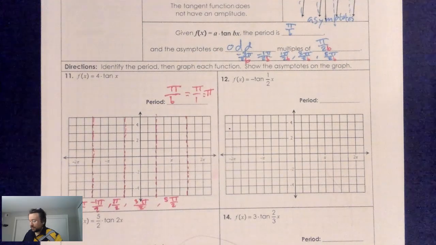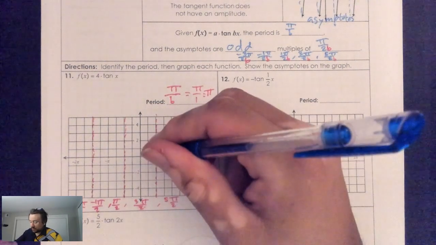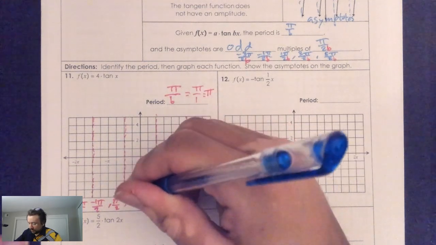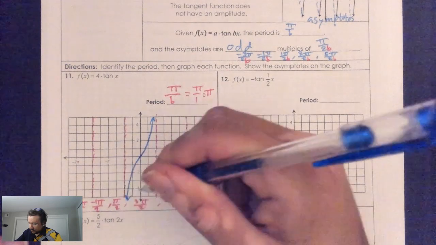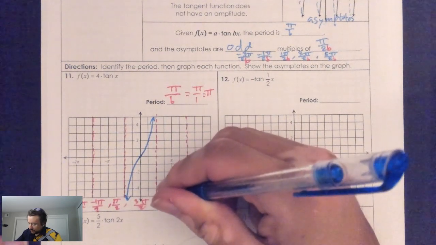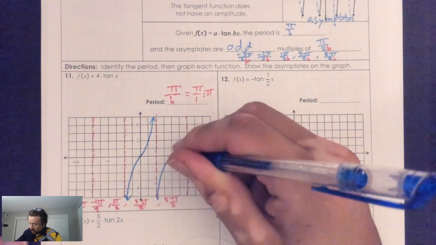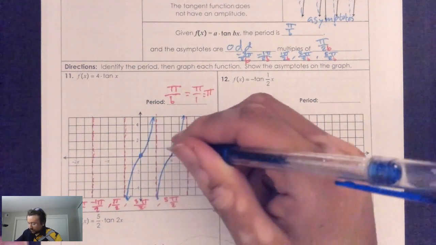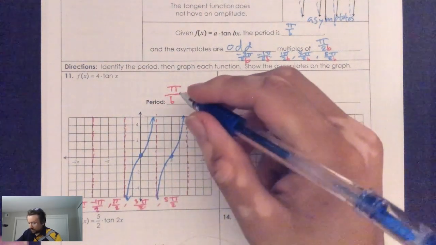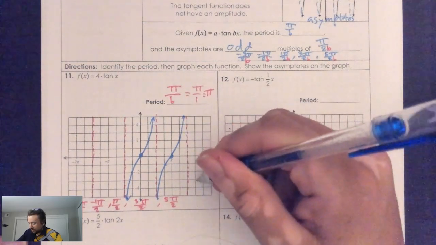Now let's graph our tangent function. The tangent function crosses through the origin when it's not translated. And so we're just going to see this curve, this almost like a cubic function curve. And so since it goes through here, it's also going to go through at pi, because that's our period, and go through at 2 pi.